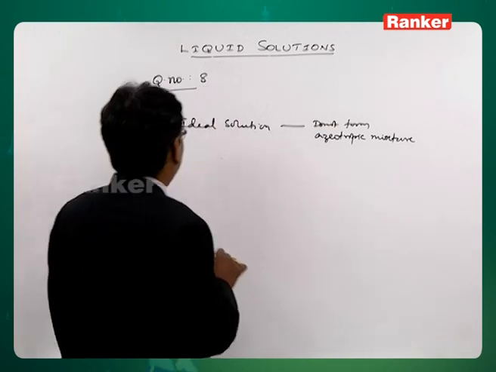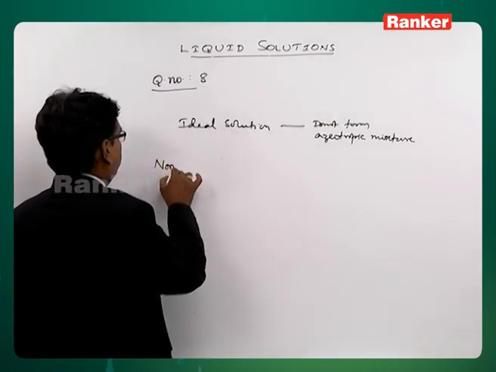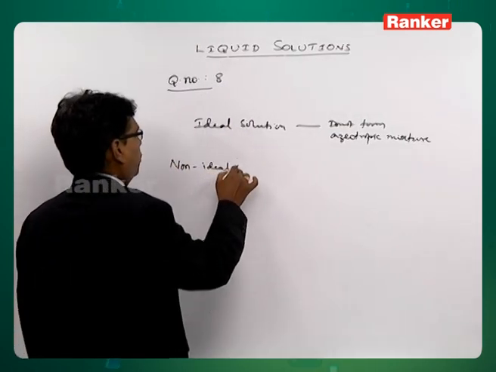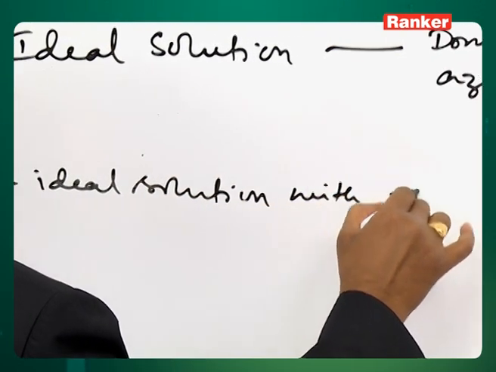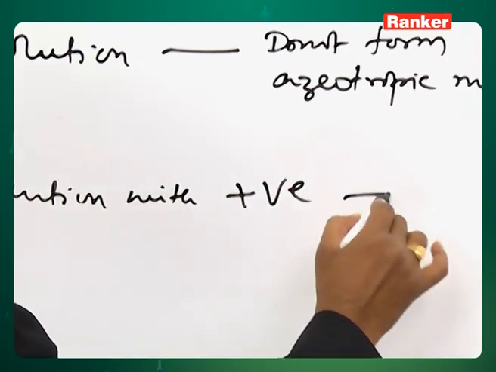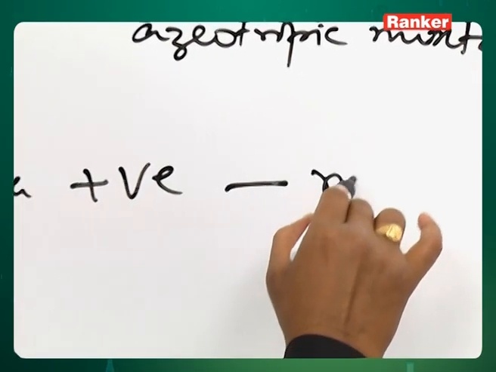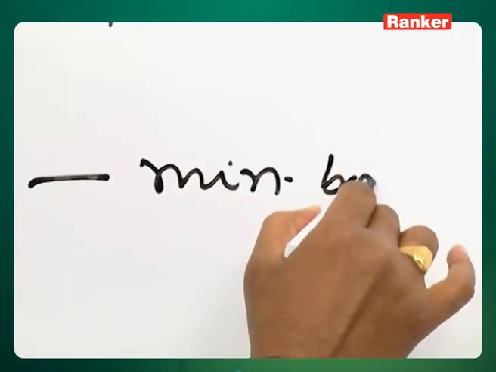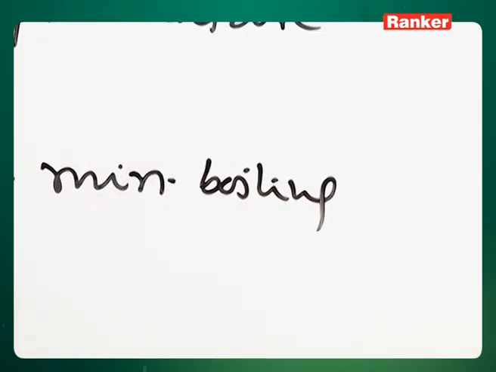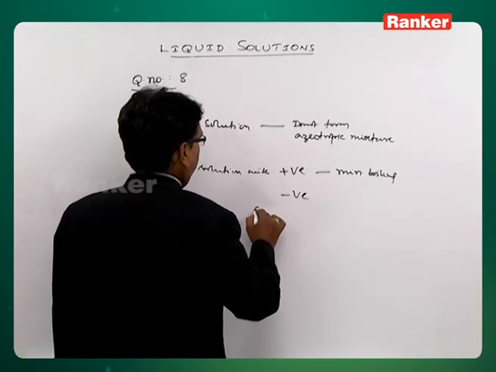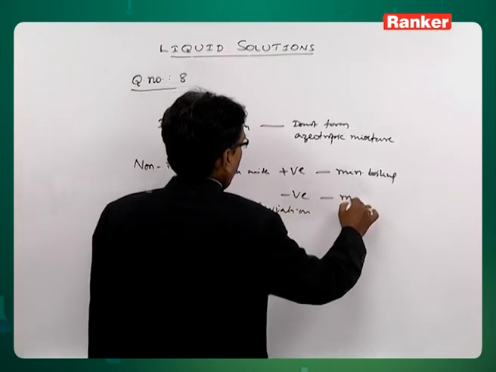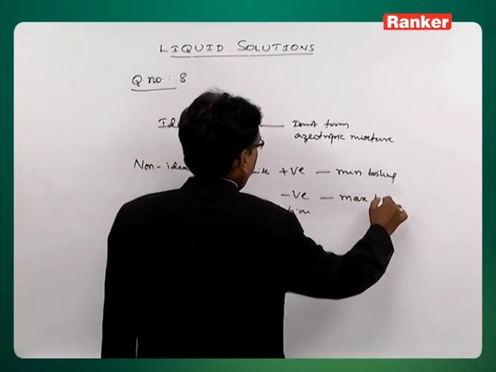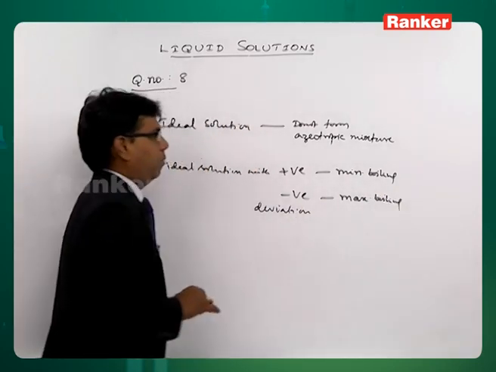But if it is a non-ideal solution with positive deviation, then it will form a minimum boiling azeotrope. And if it is a solution with a negative deviation, then it will form a maximum boiling azeotrope: minimum boiling and maximum boiling.